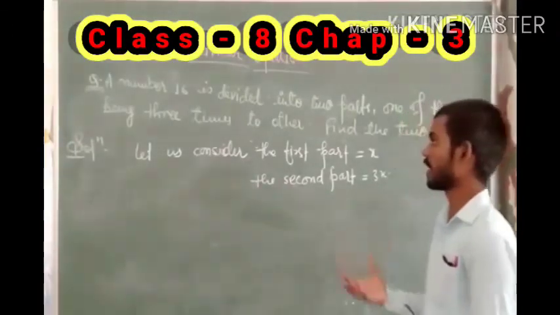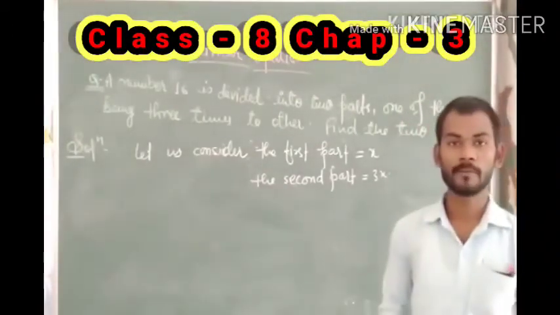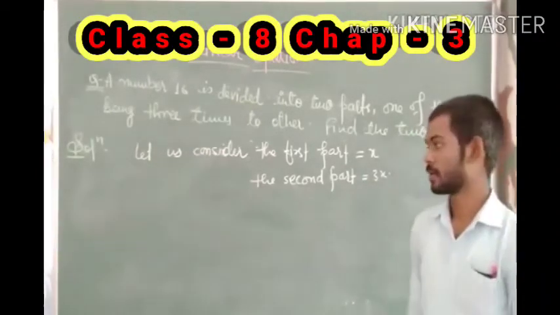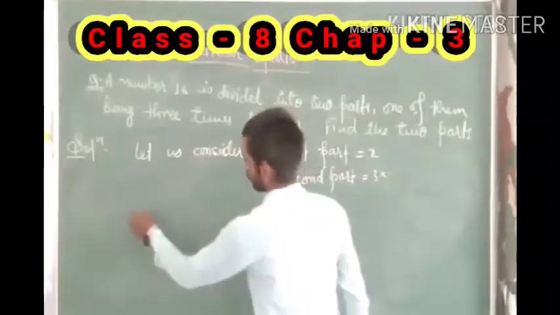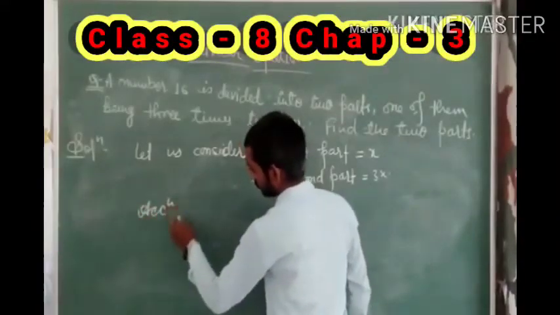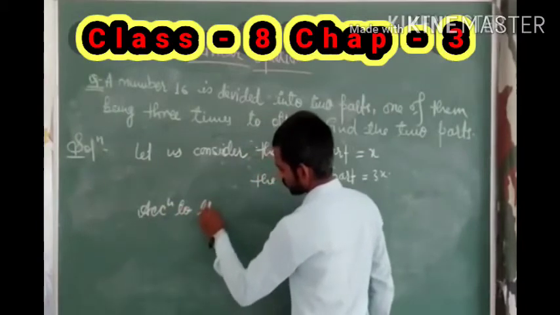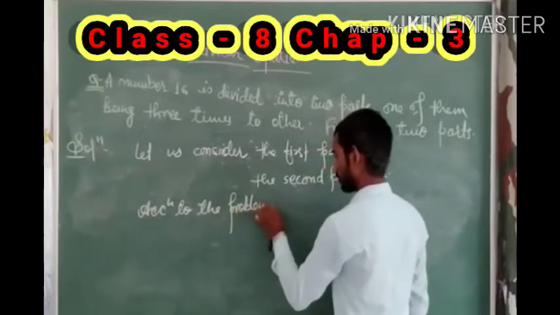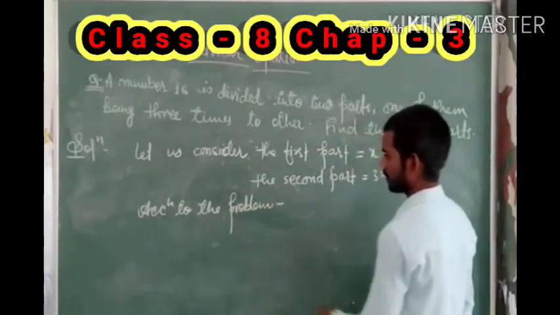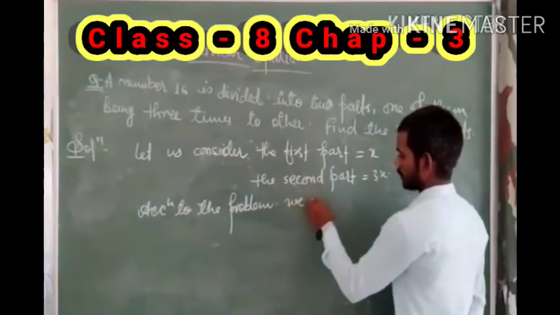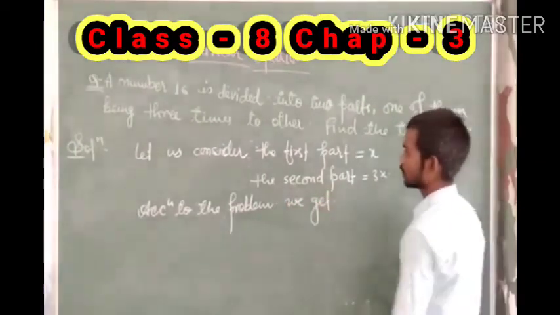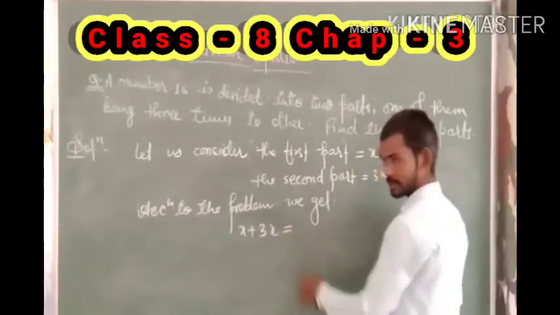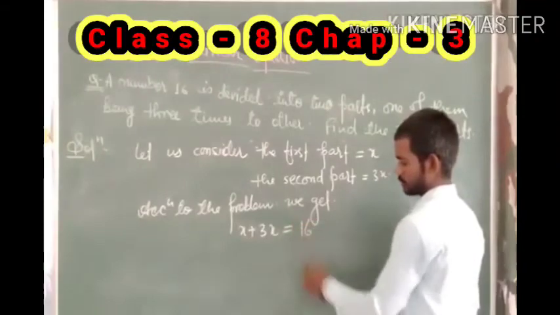For which we have to find the value of those two parts in which 16 has been divided. So according to the question, according to the problem, we get x plus 3x is equal to 16.